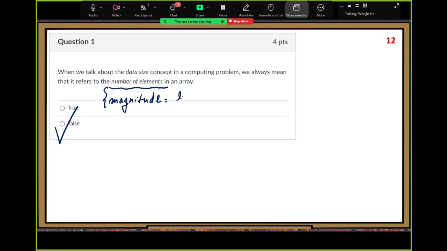We have a few examples. One is the prime factorization of n. In this case, you only have one element, but the magnitude is its size. How large is this number? That's the problem size.